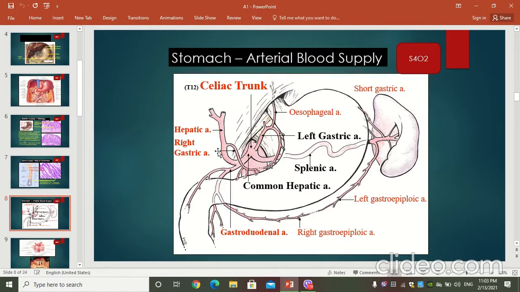Blood supply of the stomach includes arterial supply.